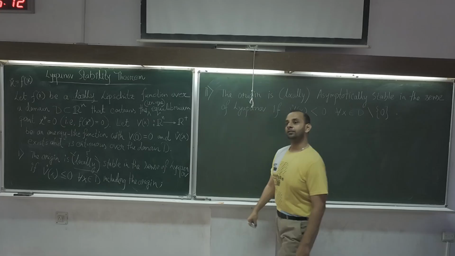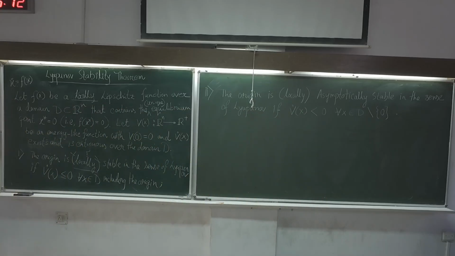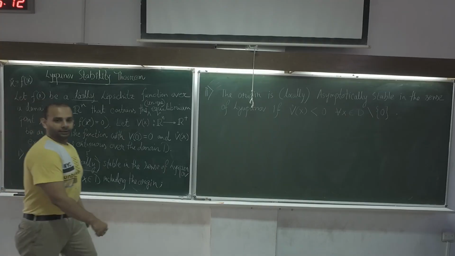You can answer this, sir. If it is asymptotically stable, then anyway the last point would be V dot equals to 0, right? That is also there.